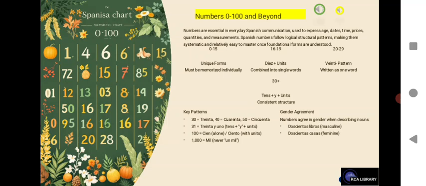Hundreds, thousands, and beyond. 100, used in numbers above 100. 200, 300, and so on. 1,000. 1,000,000. Understanding these patterns allows learners to read, write, and pronounce Spanish numbers accurately in a wide range of everyday contexts.